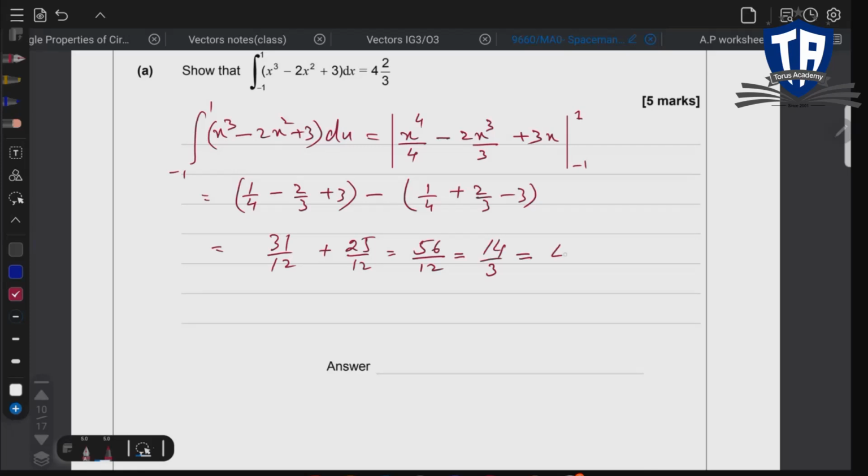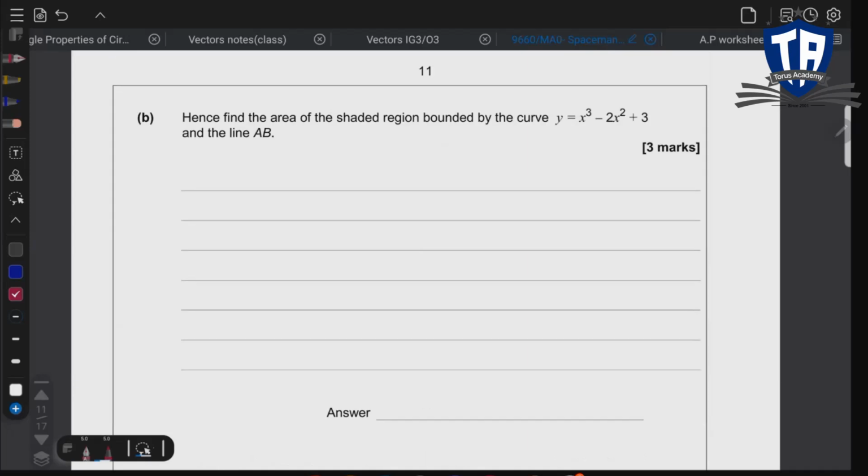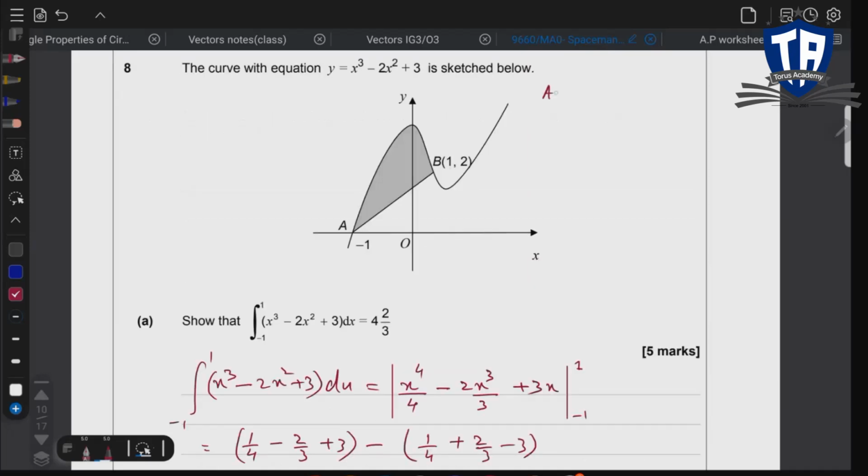The next part says, hence find the area of the shaded region bounded by the curve. Whenever you are finding the area, the rule says that you take the definite integral of the function dx. For any curve, the area under the curve can be obtained by using the lower and upper limits, let's suppose a to b.